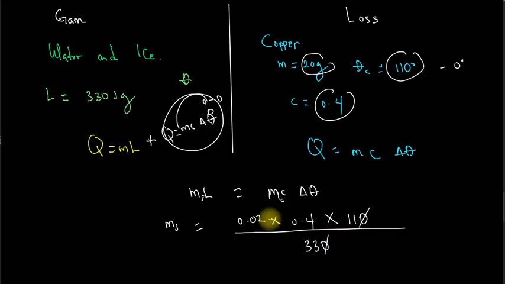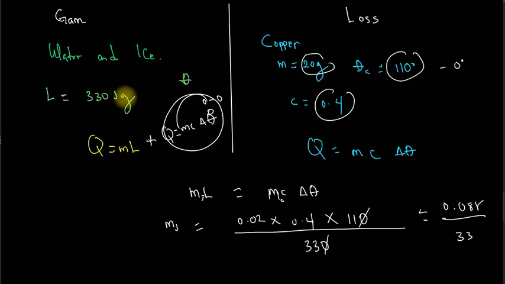Just multiply this in your calculator. 0.02 times 0.4 times 11 is equal to 0.088, all over 33.